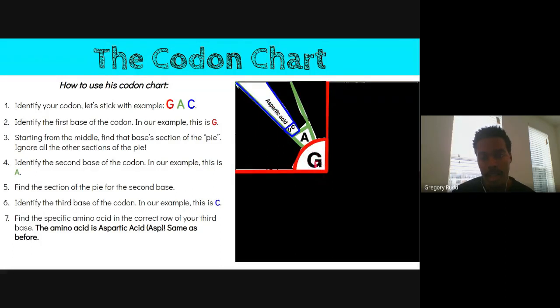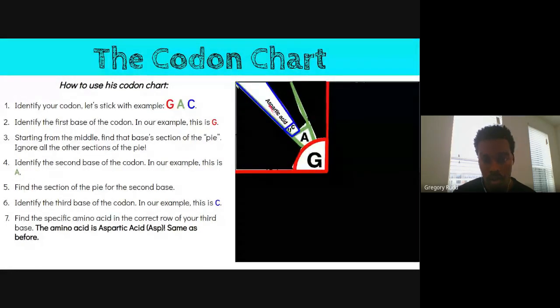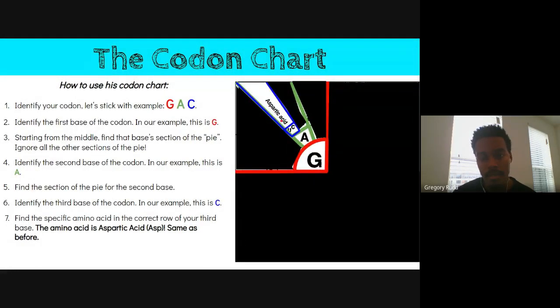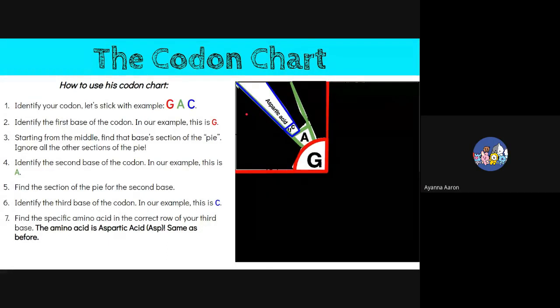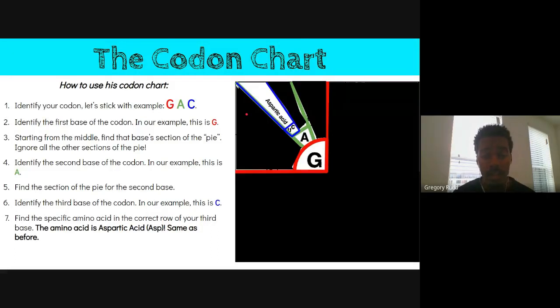I can see that in order for me to have aspartic acid, I need the first letter G. I need the second letter A. My third letter can be either C or U. So GAC gives me aspartic acid, but the codon GAU also gives me aspartic acid.